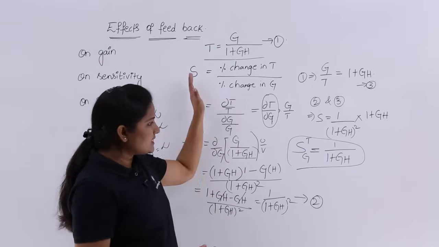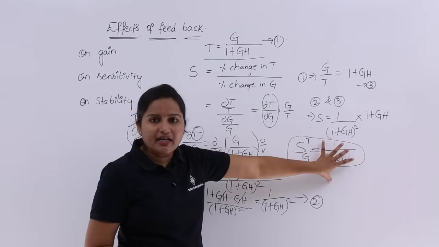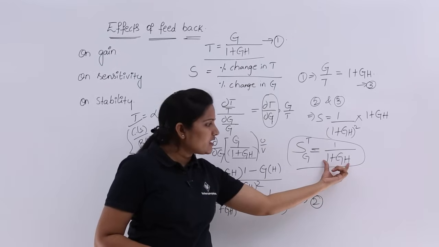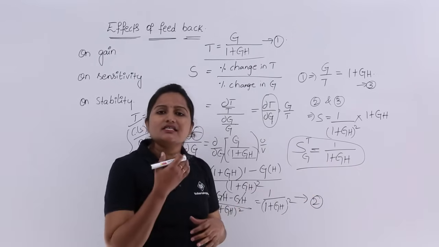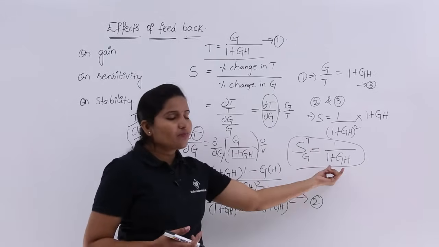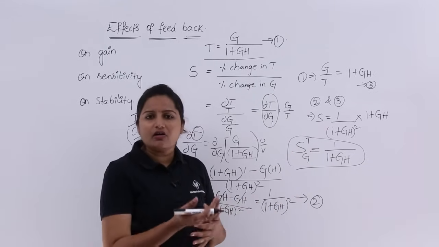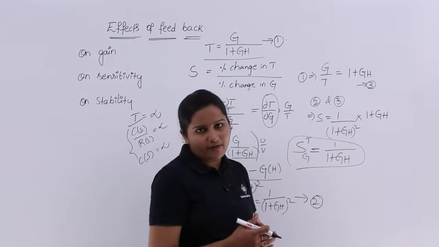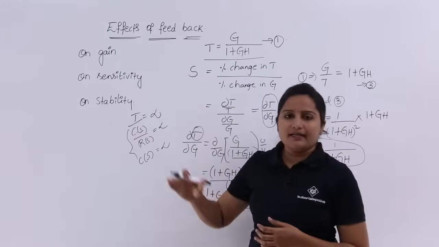Like that, sensitivity, we saw this. We got sensitivity as 1 by 1 plus GH. So, here also the sensitivity is going to be affected by the feedback path. If this 1 plus GH is high or low, then your sensitivity is going to be affected. Similarly, stability.